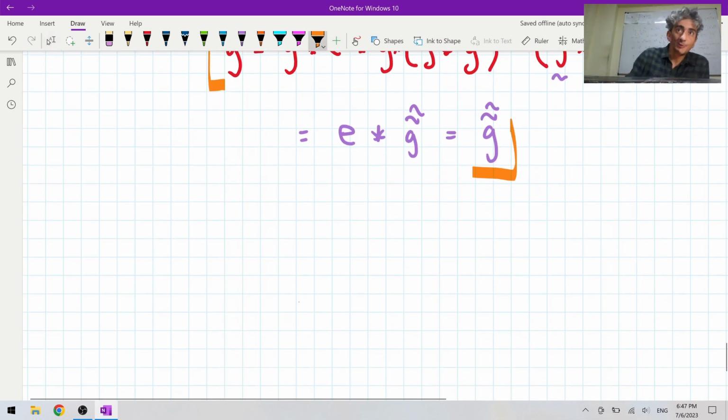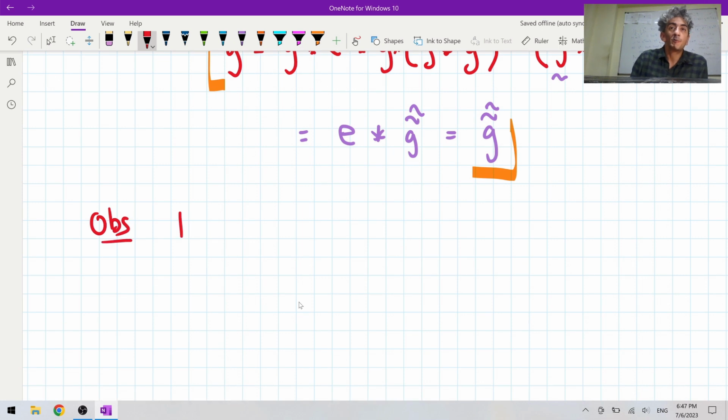Observation. There are mainly two notations.